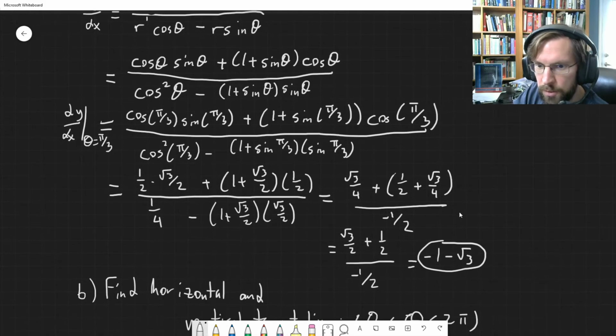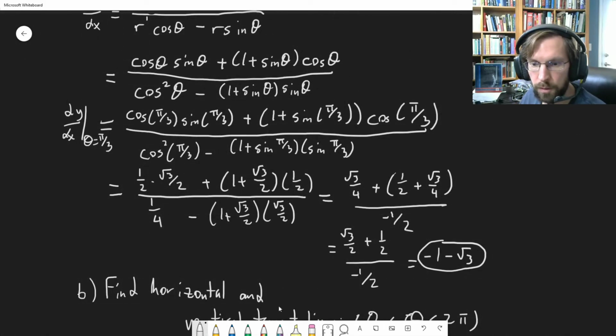So it's not going to be quite as nice as it was before. So this should be, what, root 3 over 2 plus 3/4. So this should be negative 1/2 minus root 3 over 2.